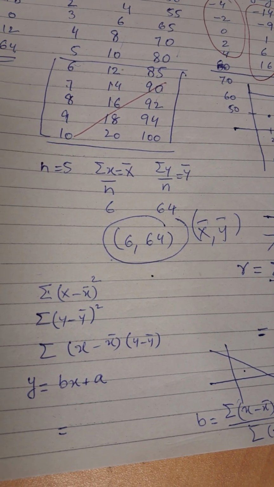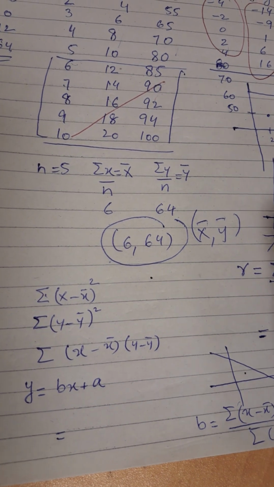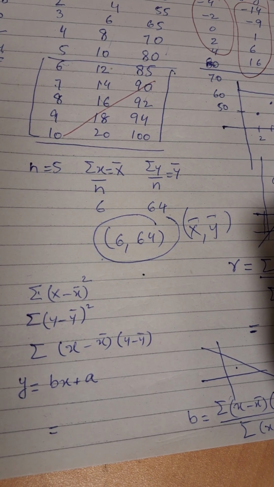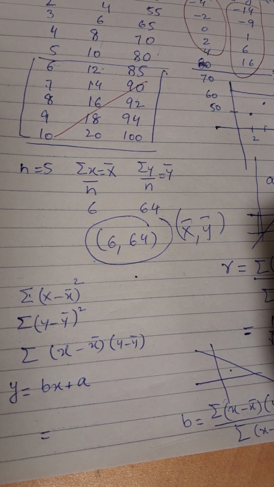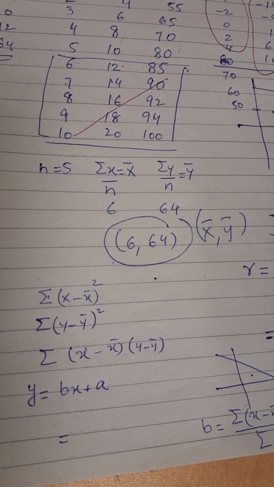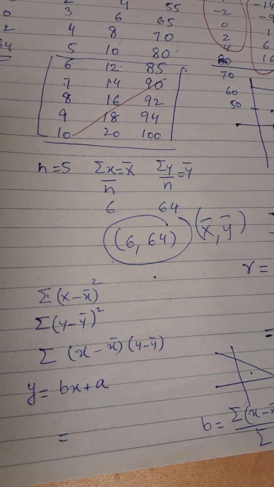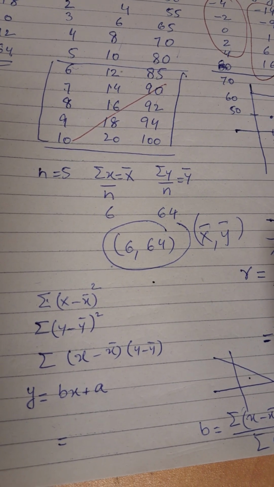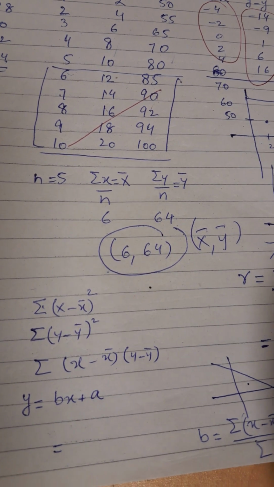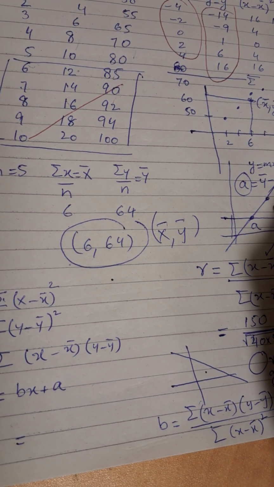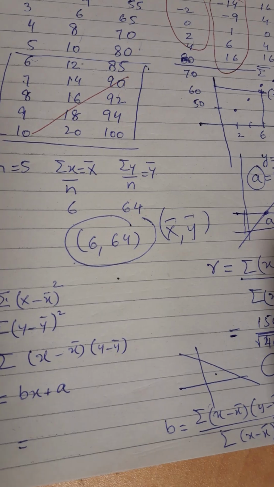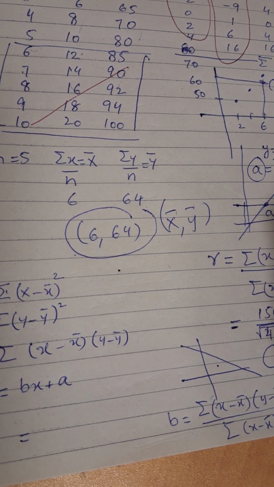So what I would do is make a trick out of it, because we write y equal to mx plus c, but in this case I would write the slope, which is calculated from here, b, and I would use y bar minus b x bar to find the intercept a. In this particular calculation, the intercept is 41.5 and the slope is 3.75.